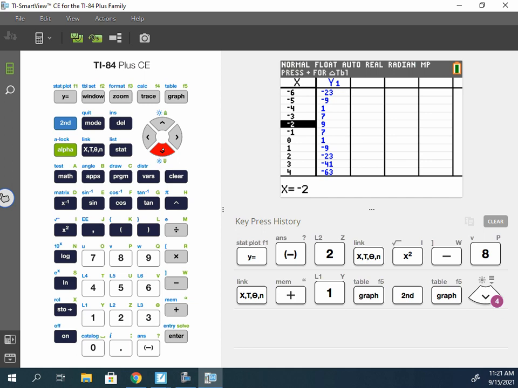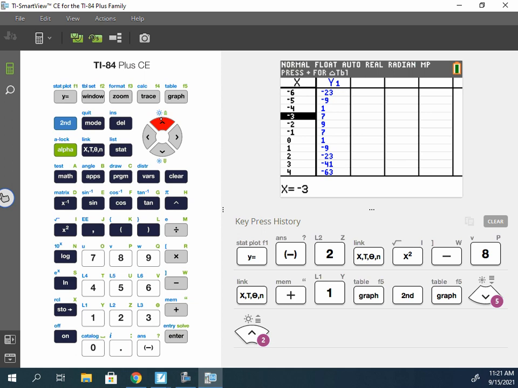What does it tell us? 9. What's the value of y when x is negative 1? 7. Well, hey, look, when x is negative 3, the y value is also 7. Because we know also that x equals negative 2 is the axis of symmetry, and all the points to either side should mirror it.